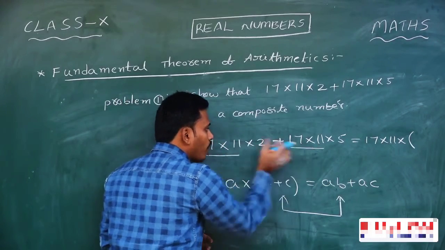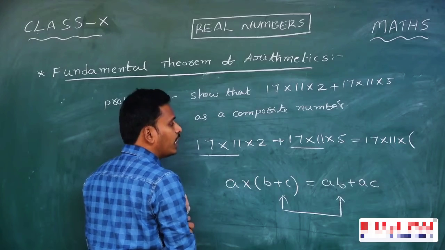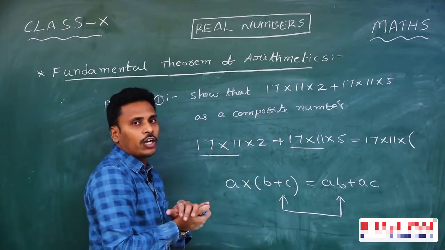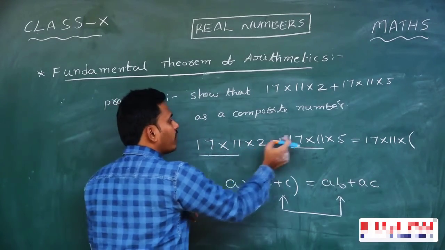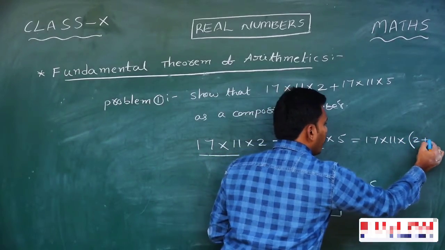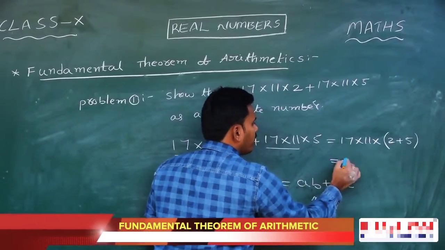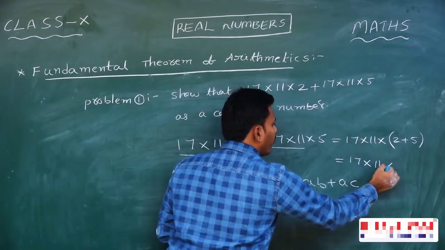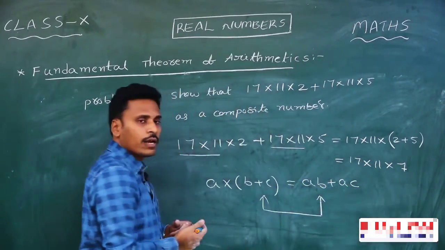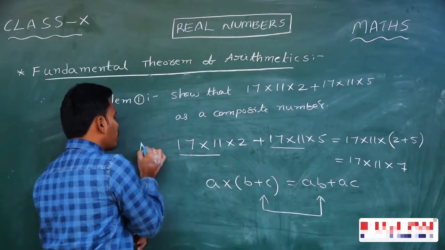Since 17 into 11 is common, we are writing 17 into 11 into, where the number is 17 into 11 instead of a. You need to add this 2 and 5: 17 into 11 into 2 plus 5. Now, this 2 plus 5, easily we can add: 17 into 11 into 7. Is it right? And now, this is the number. You may call it n.